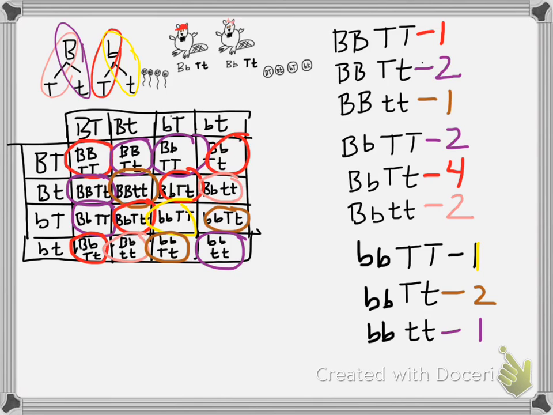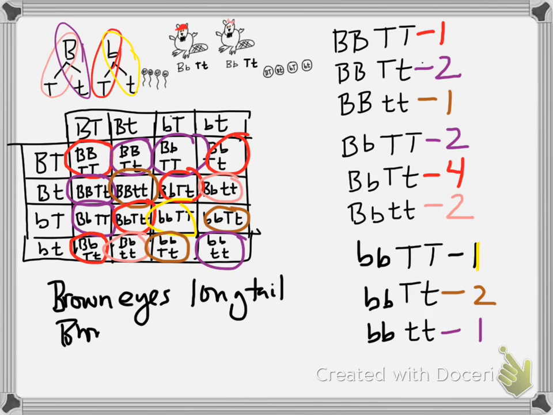Now, could we translate that? How many phenotype combinations does this boil down to? We could have brown eyes with a long tail, dominant, dominant. We could have brown eyes with a short tail, dominant, recessive.